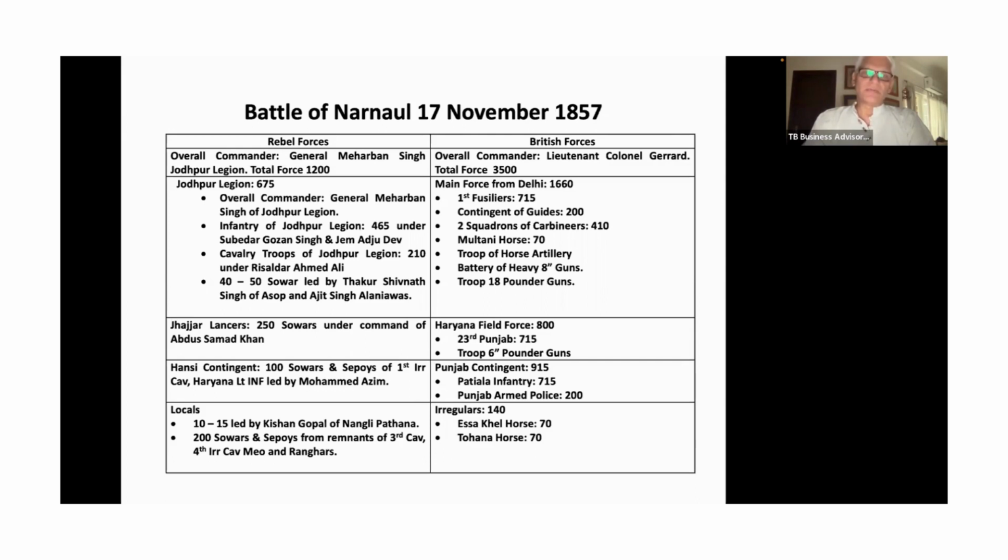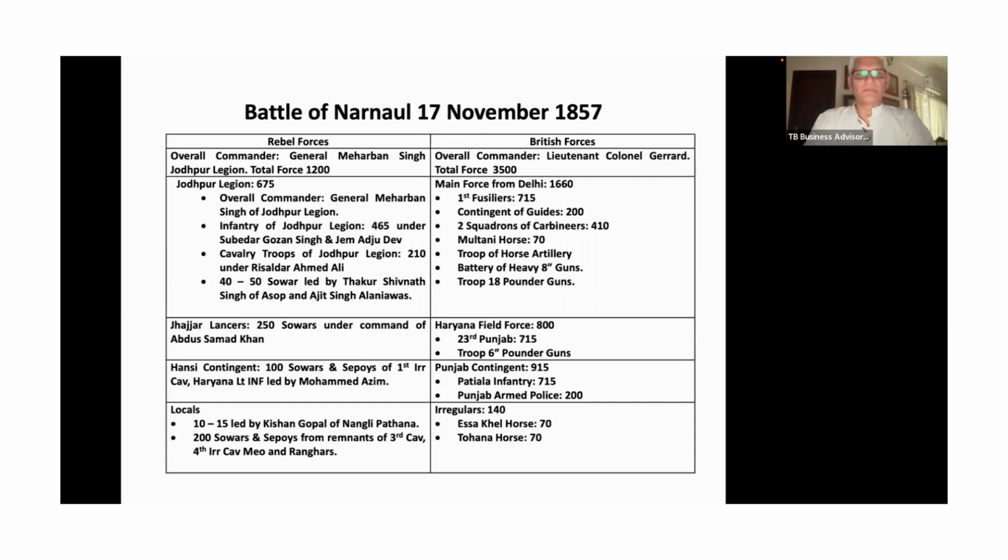To conduct their administrative affairs, they put themselves under a panchayat. This panchayat was led by General Meherban Singh, who was the military commander of this force, and included Subedar Gojan Singh and Jamadar Arju Dev of infantry, as also Risaldar Ahmad Ali of cavalry.